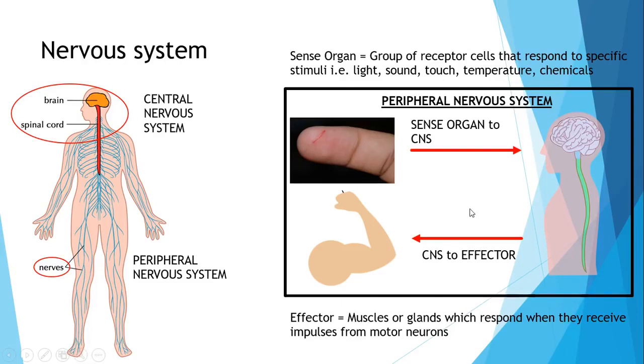What's important to note is that you've got some neurons that specifically carry impulses from the sense organ all the way to the brain, and another set of neurons that send impulses from the central nervous system, the brain, all the way to your muscles, which is just another example of an effector. And these neurons that connect these things together are all part of the peripheral nervous system, which is basically what connects everything to the brain.